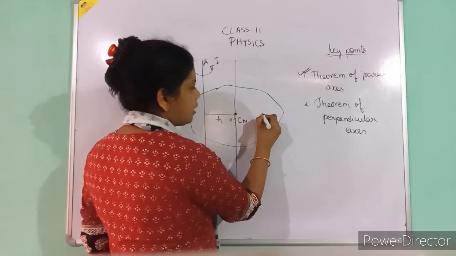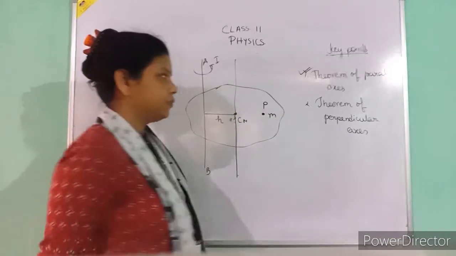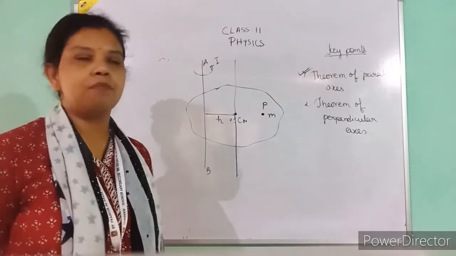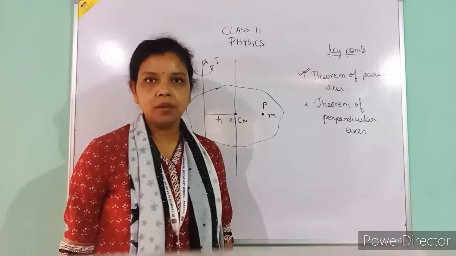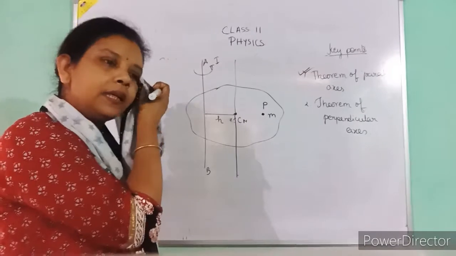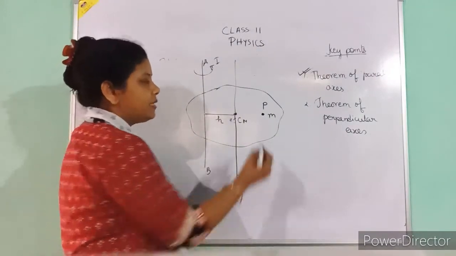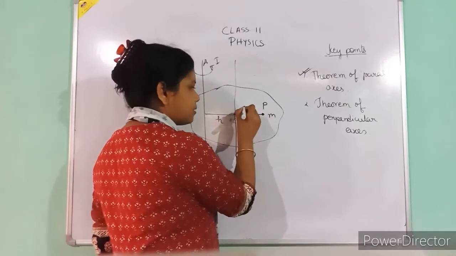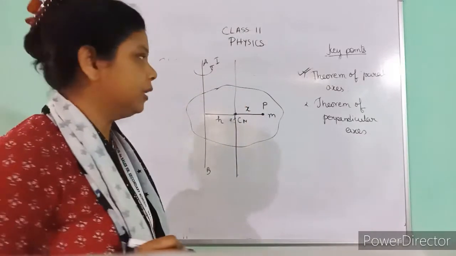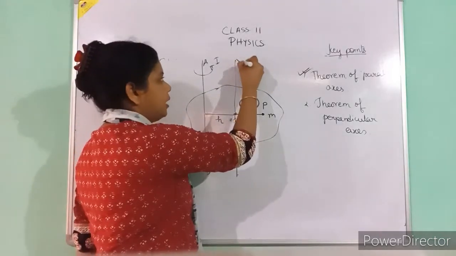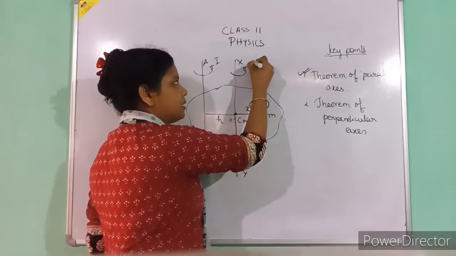And here is a particle of mass m at a point P. See, if this distance is x, I am going to derive it. This axis I have written xy, let me mark it as I.